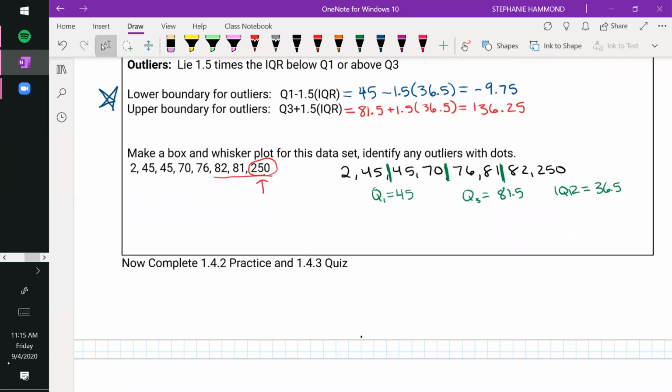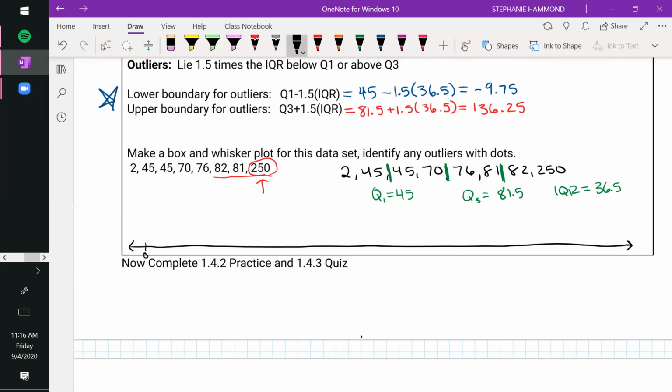So when I draw the box plot for this data set, it's going to look slightly different. I'm still going to have a number line at the bottom that includes my minimum and maximum. So I have to go all the way from 2 to 250. So I'm going to go up by 10, starting at 0.